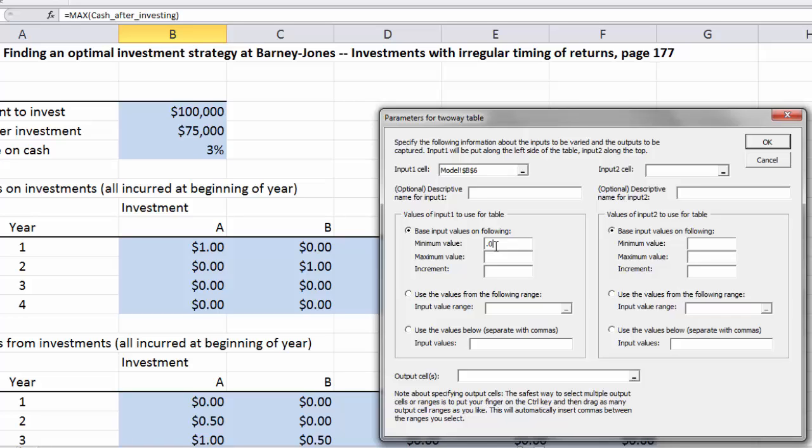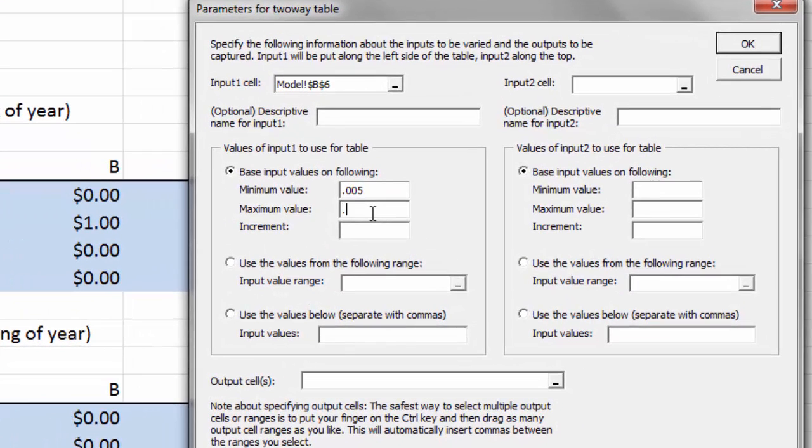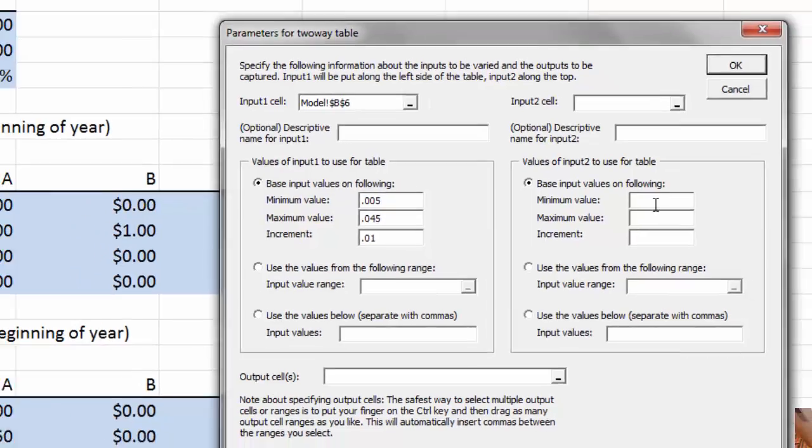So we want 0.005, that is 0.5%, to 0.045, that is 4.5%, in increments of 1%, which is 0.01.